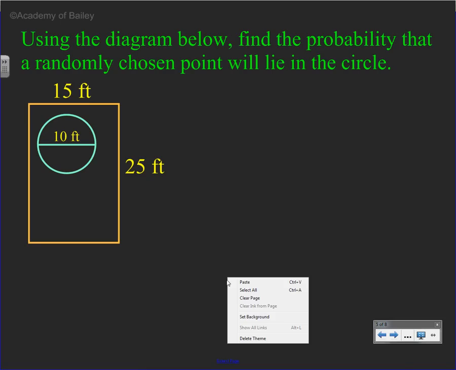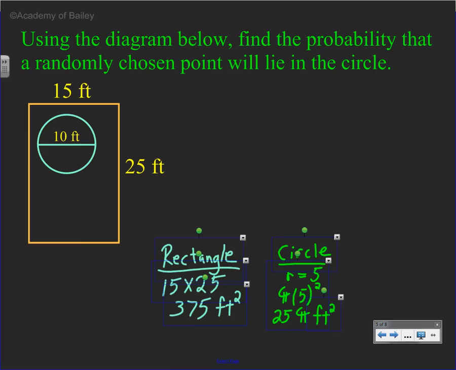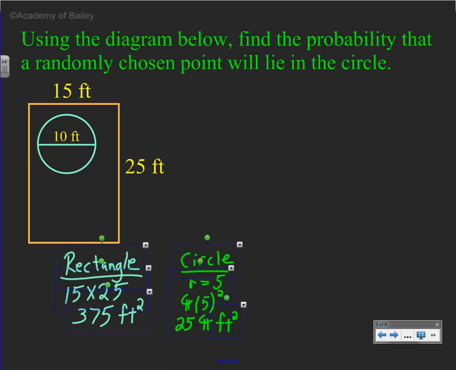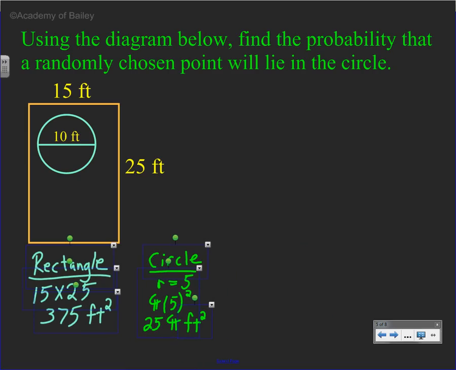So, the probability that it lands in the circle is equal to the area of the circle divided by the area of the rectangle.